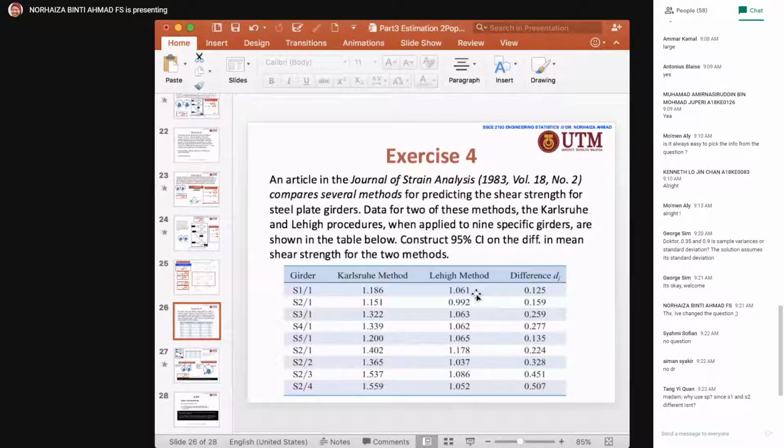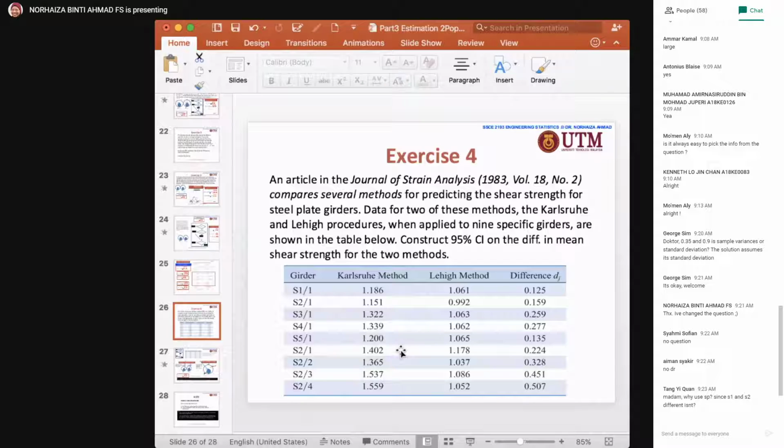So each subject is applied to 2 different methods, and you can calculate the difference of observation from subject 1. Here it has 9 subjects altogether, all applied to the different methods.